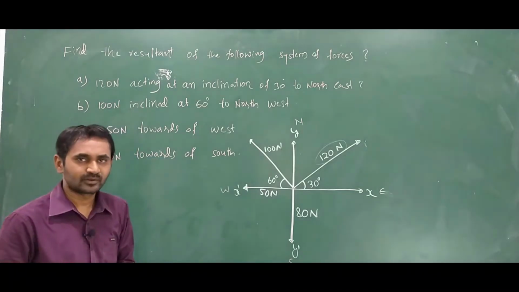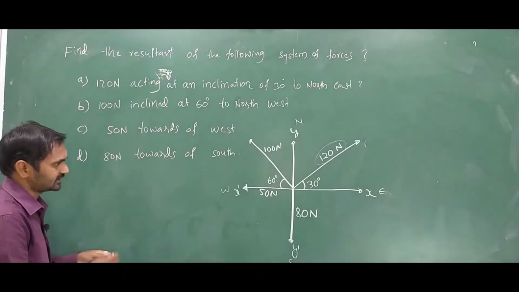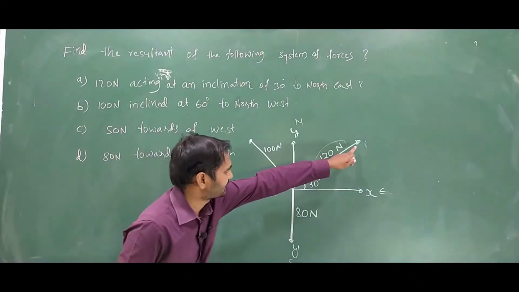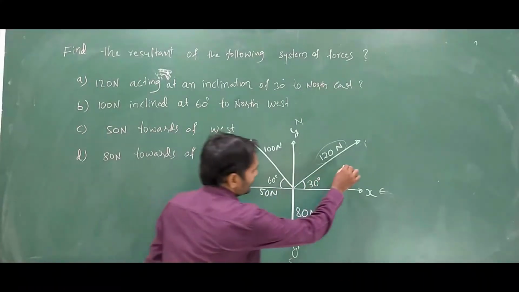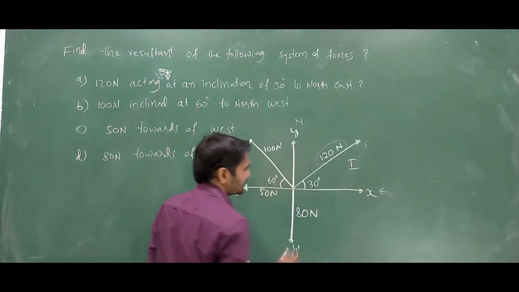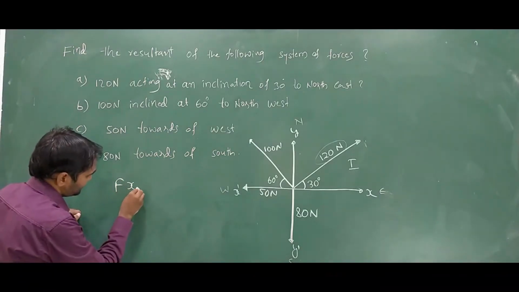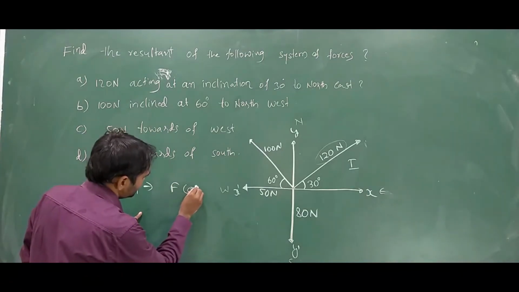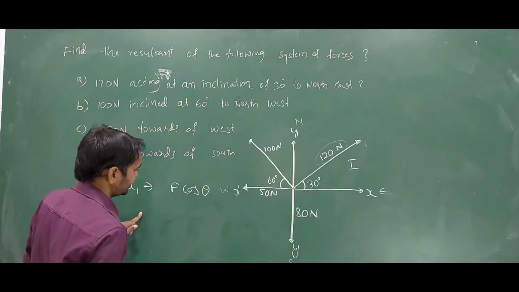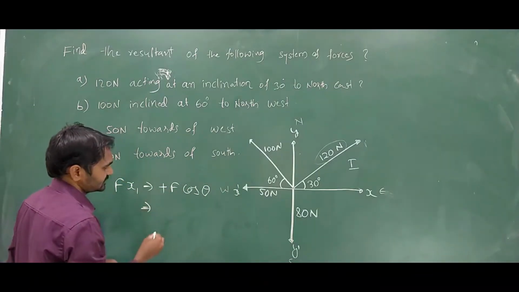Now in the previous topic we have seen how to solve this. So this is in the first coordinate. Fx1 is equal to F cos theta. First coordinate in the sense plus, right?